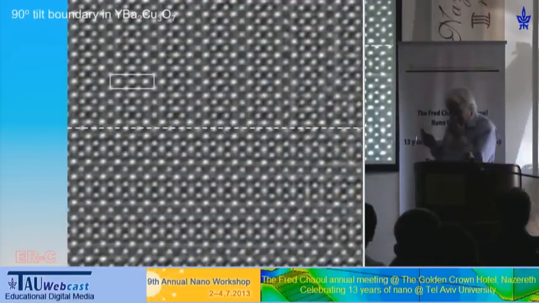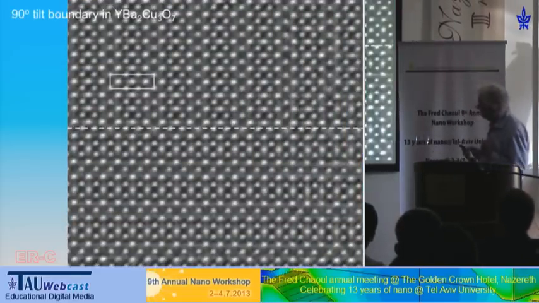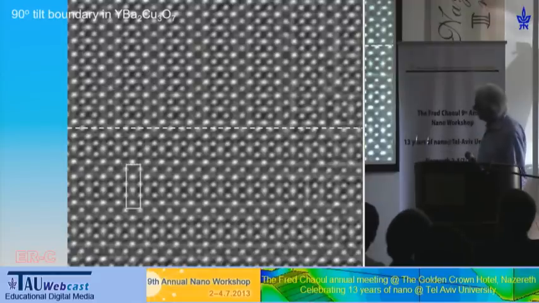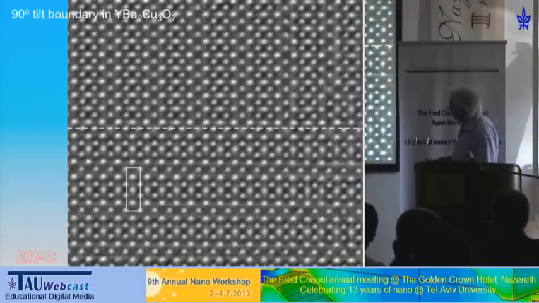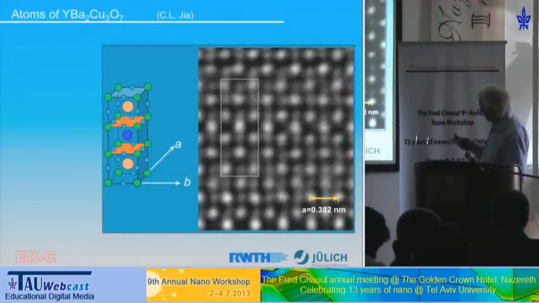And here you see the 90-degree tilt boundary in the framework of what I have said before. That means we have the unit cell of yttrium barium copper oxide. Now we go across the boundary, and it just tilts by 90 degrees, and we see, in quotation marks, all the individual atoms.